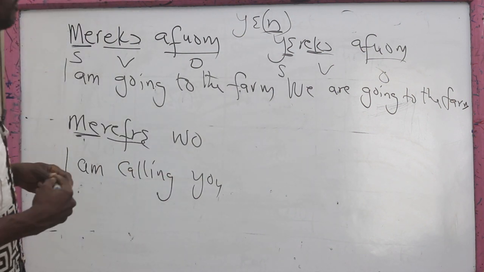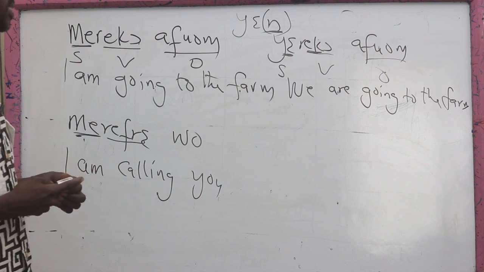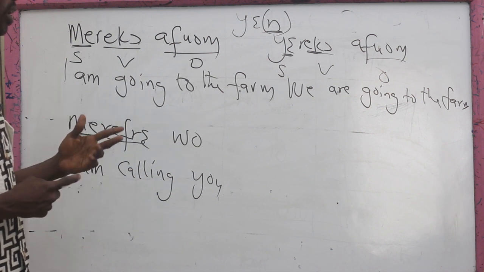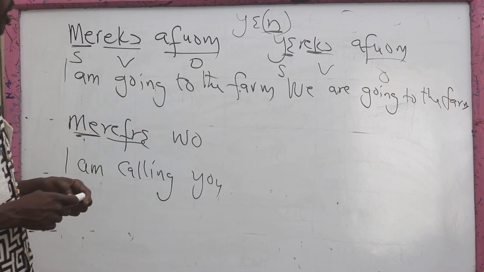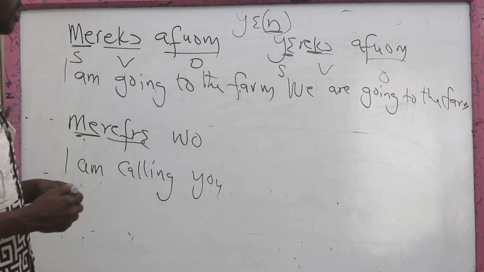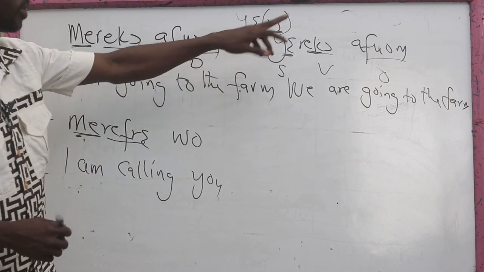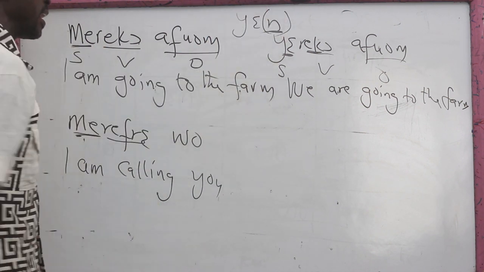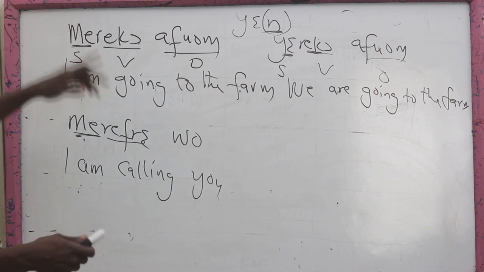So anytime you have a first person plural subject pronoun in the subjective case, you elide the n. It's yen reba, but because of economy of speech, we elide this from there.